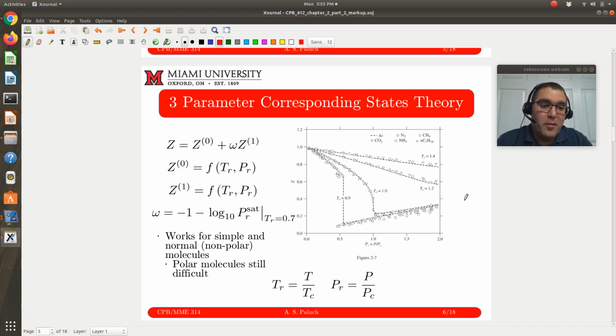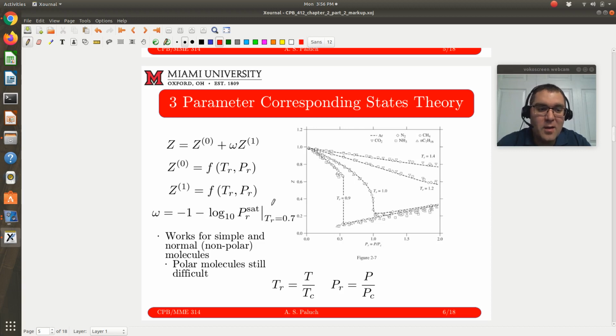For these other molecules, they didn't intersect at this common point. So essentially he attempted to measure this deviation, and how he measured it is using this additional parameter omega, my eccentric factor. By definition, the eccentric factor is -1 minus log base 10 of the reduced saturation pressure at a reduced temperature of 0.7.